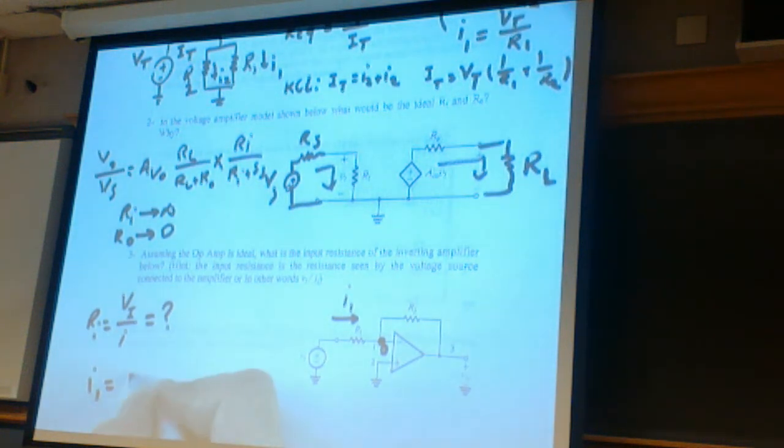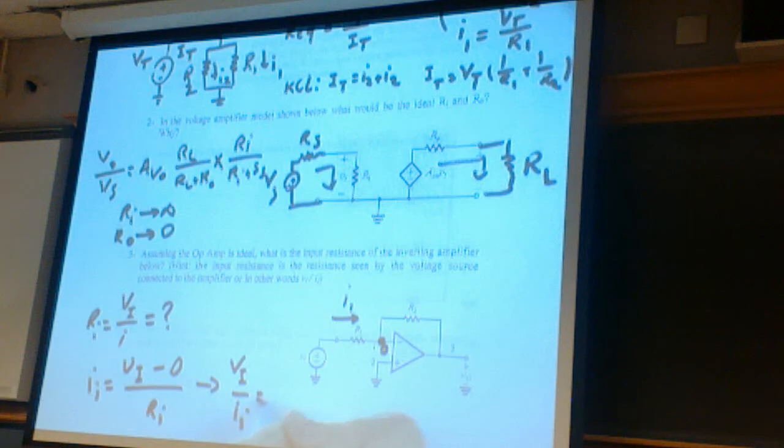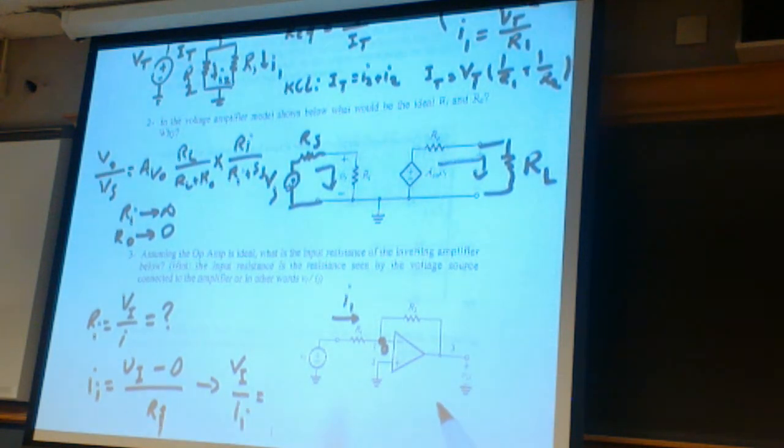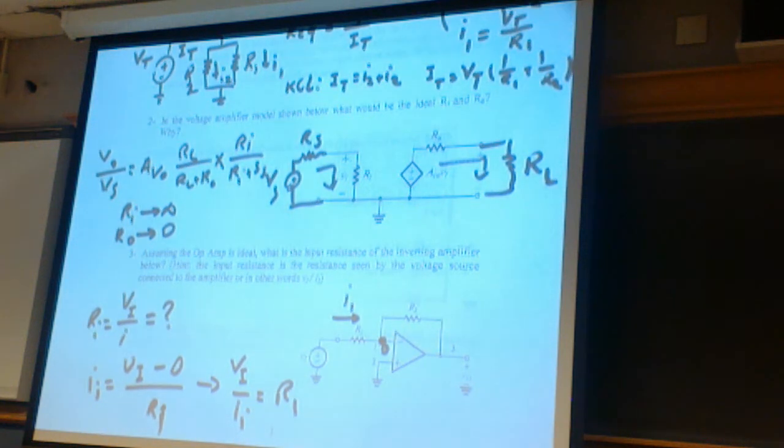II is equal to VI minus V minus, which is 0, over R1. What am I looking for? I'm looking for VI divided by II. What is that? R1. Done. So the input resistance is R1.